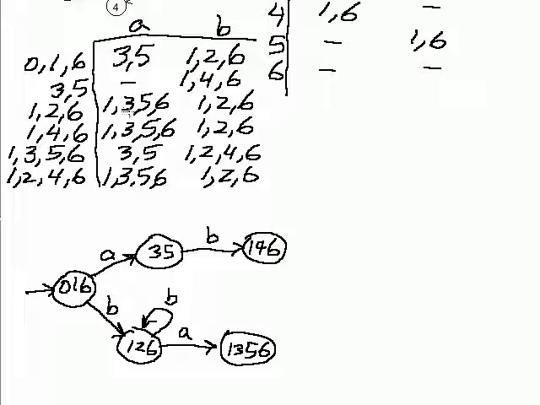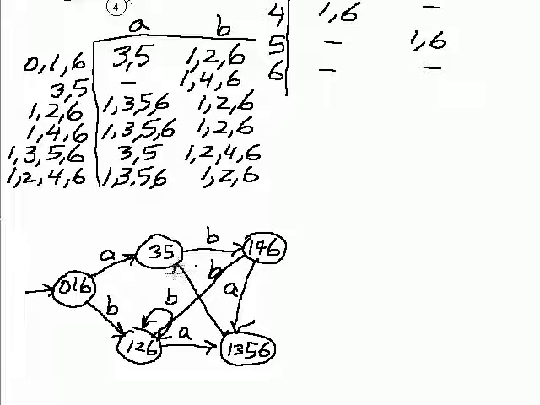All right, now let's do state 1, 4, 6. On A goes to 1, 3, 5, 6. On B goes to 1, 2, 6. Getting a little messy here. All right, 1, 3, 5, 6 on A, oh dear, goes to 3, 5.